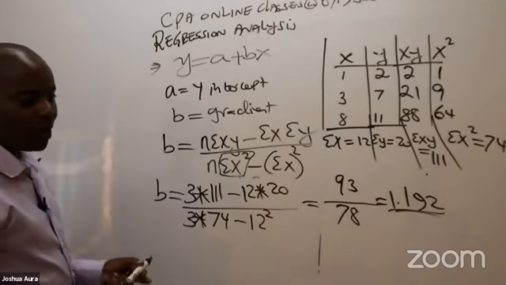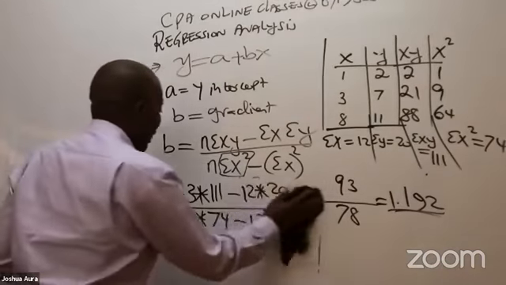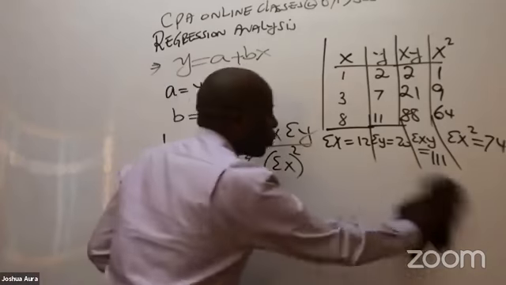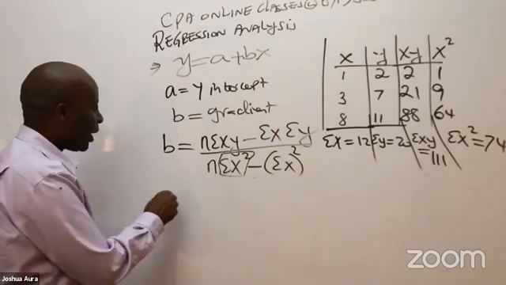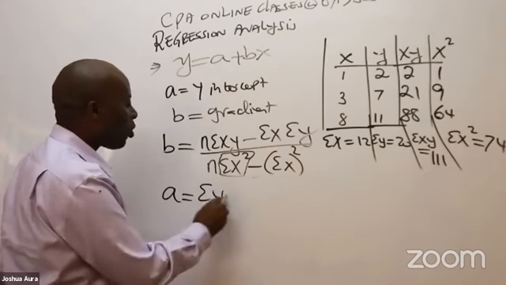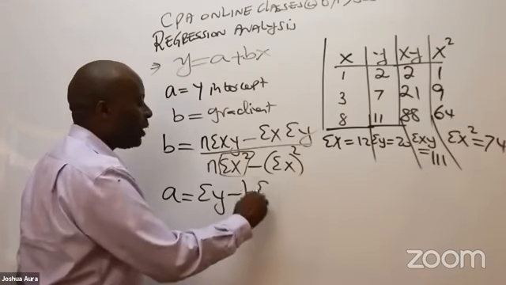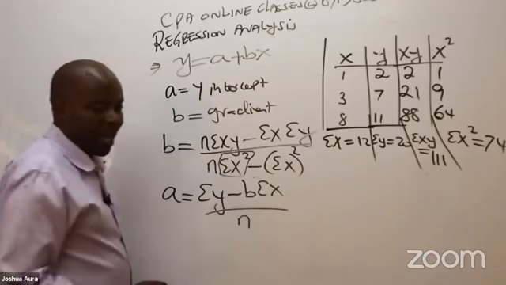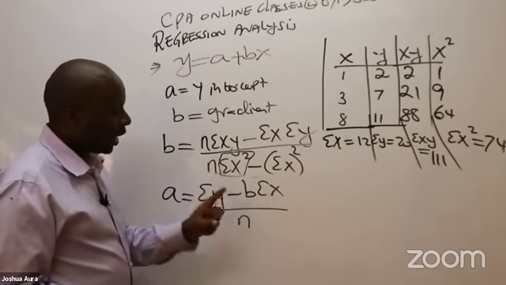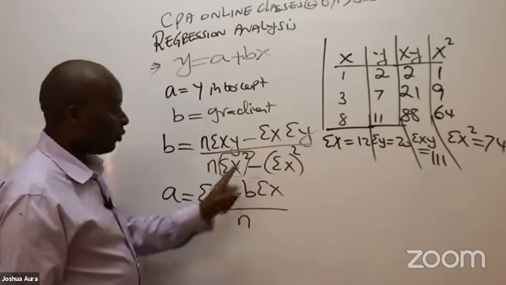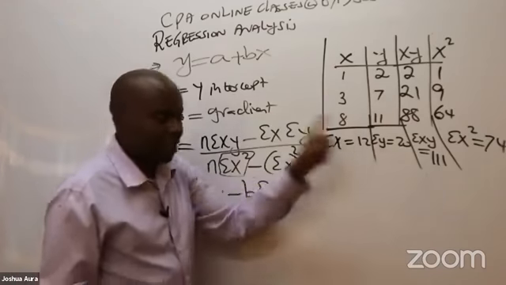So how do we get our A, ladies and gentlemen? Having gotten B, for us to get the value of A, we talk of summation of Y minus B summation of X, all over N. Summation of Y, I already have it. It is 20.